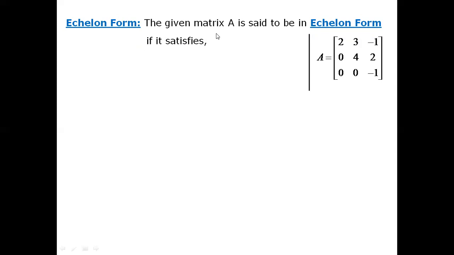The given matrix A is said to be in echelon form if it satisfies a set of conditions defined as follows. The first condition is the leading entry of each row is a non-zero element.